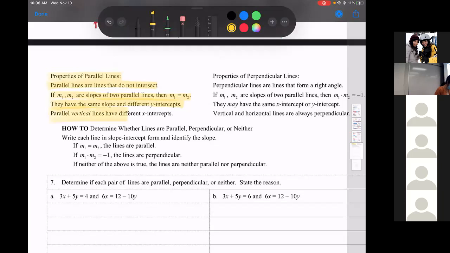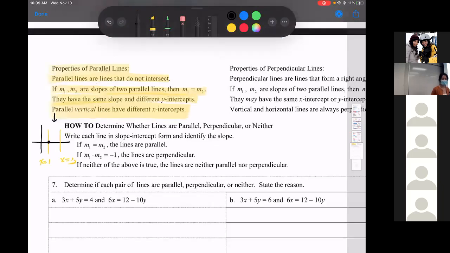Parallel vertical lines have different x-intercepts. This means, if I graph x equals 1 here and x equals 3 here, what is the x-intercept right here?